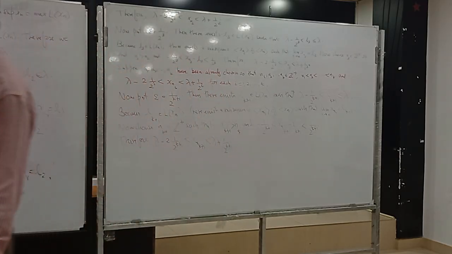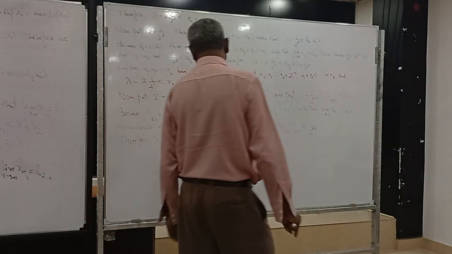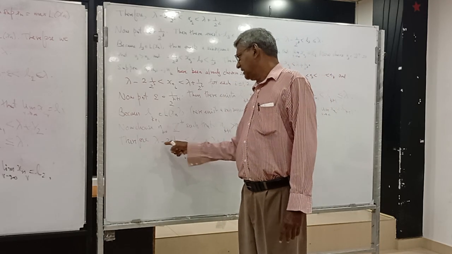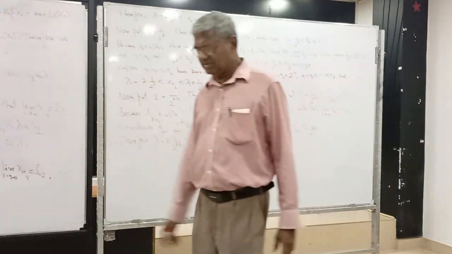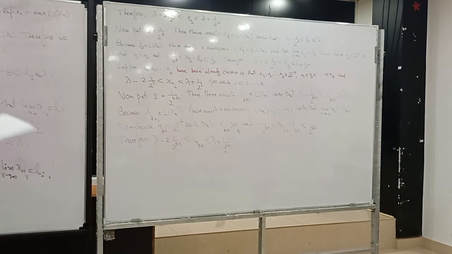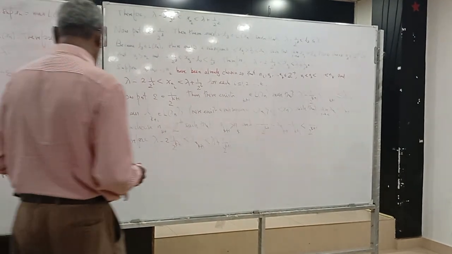So now I have chosen, for every k, this sequence x_{n_k} lying between lambda plus 1 over 2 to the k plus 1 and lambda minus 2 over 2 to the k plus 1. Now I am done actually. So let me write this.